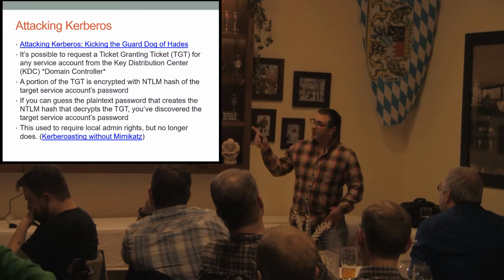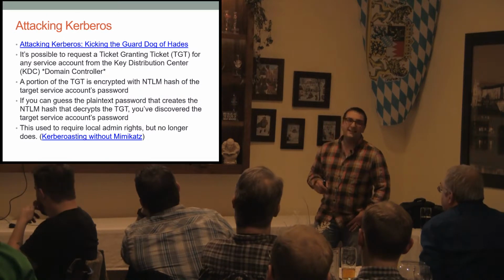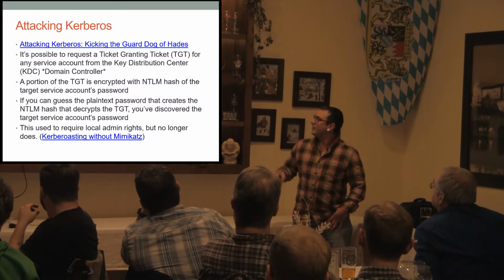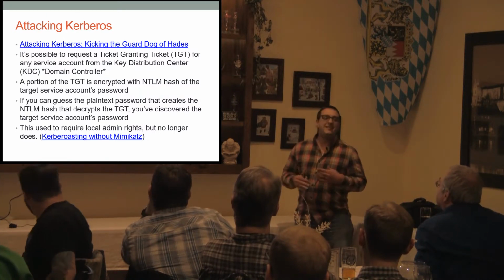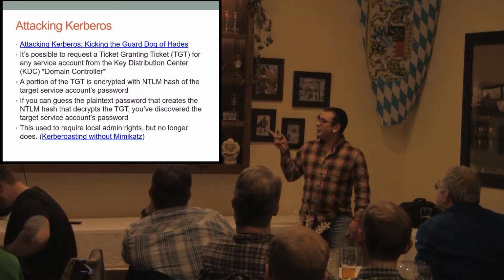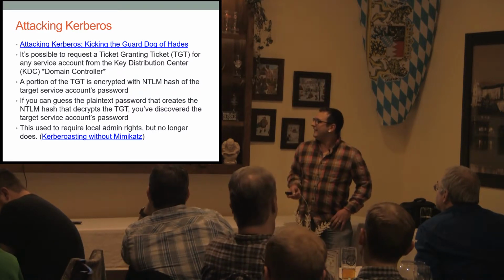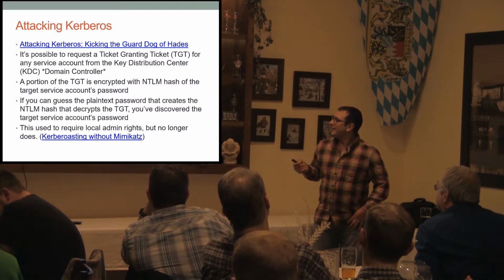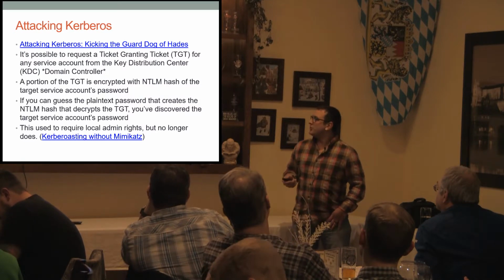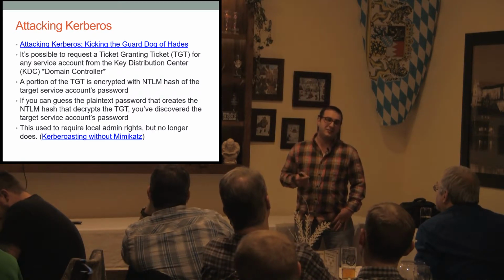There was a talk in 2014 by a gentleman named Tim Medine where he talked about attacking Kerberos, kicking the guard dog of Hades, I'm sorry. He laid out this attack, and it's pretty cool. If you pull down the slides at some point, there's a link to that talk and his slides. But at the end of the day, we have a portion of this ticket granting ticket that is encrypted with an NTLM hash of a user's password.